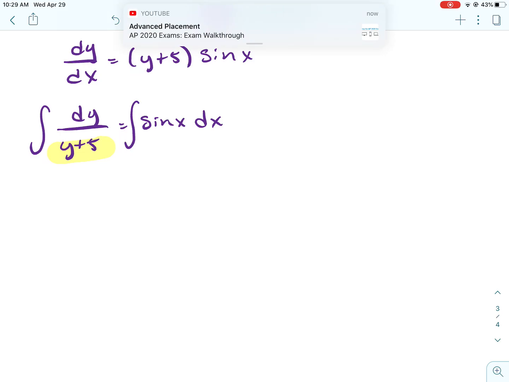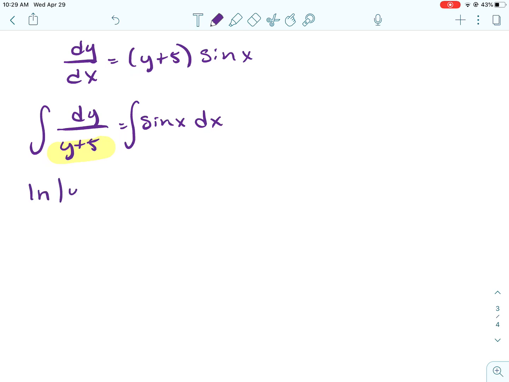Then I need to integrate both sides. Okay. So if you have something in the denominator, like I have here, and it doesn't have a power other than 1, then whenever we find this integral, we are going to use the natural log. Now, if there is a power, like a 2 or 3, we need to bump it up to the top and make it a negative power.